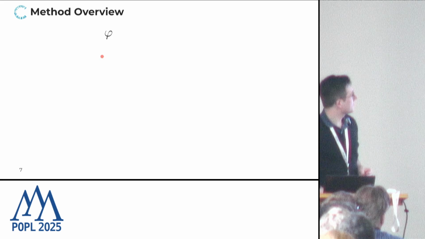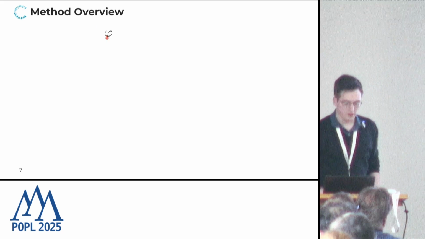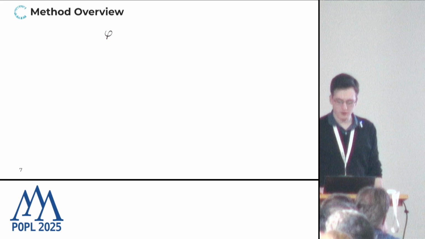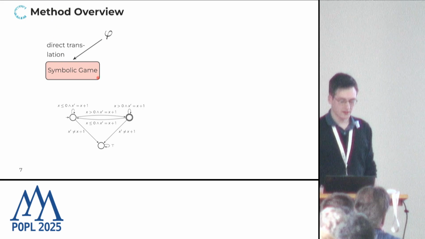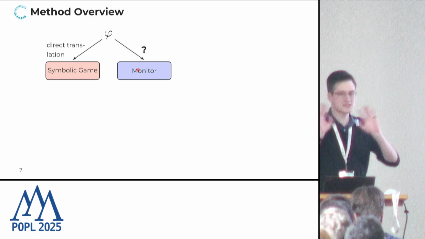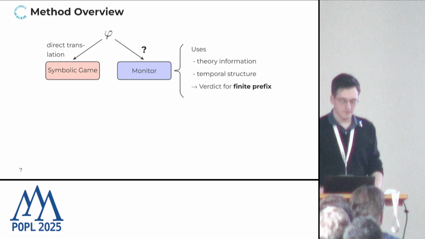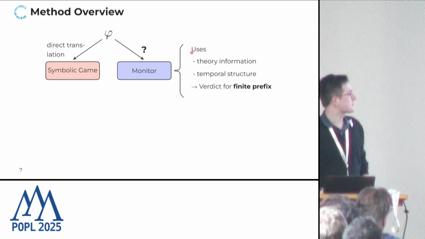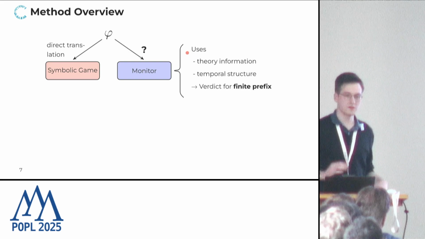That's where our method kicks in. We start with the temporal formula, and then we do this direct translation to get a symbolic game. We also construct some kind of monitor. You can imagine it's something similar to an automaton, but it's not an automaton. This monitor uses some theory information and the temporal structure of the original specification.